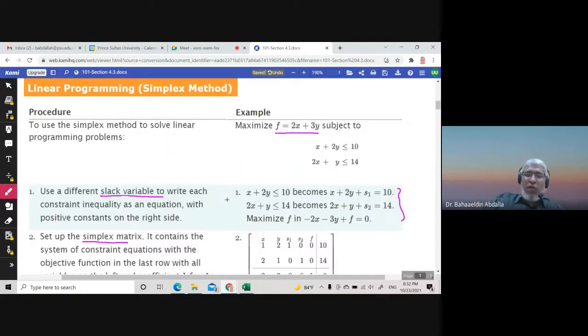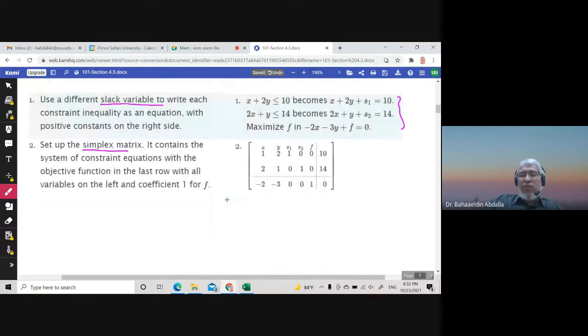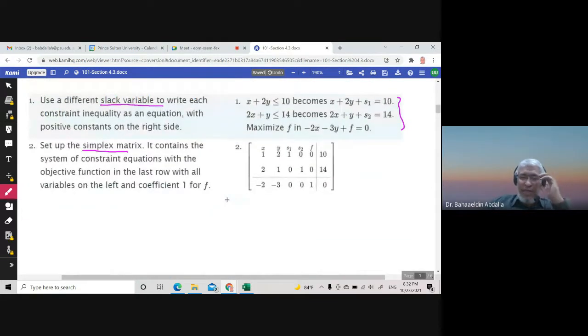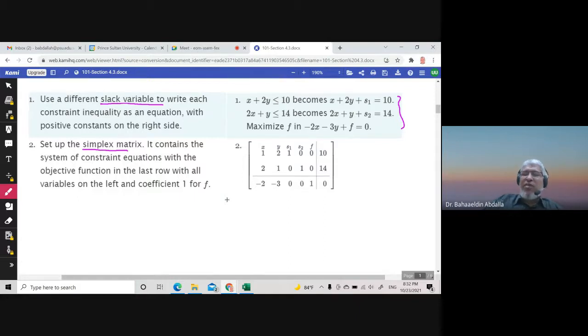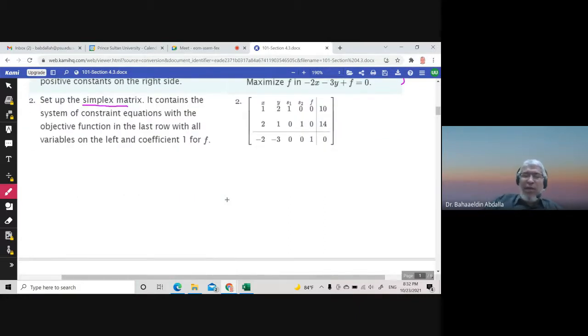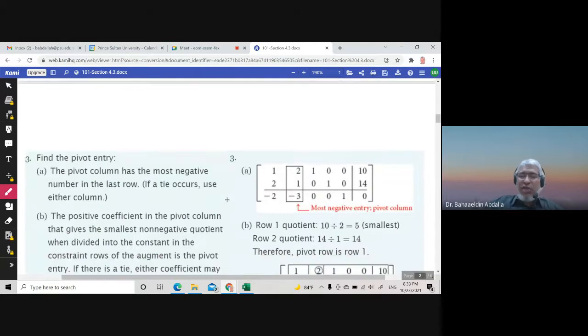First, we find the pivot entry or the pivot element in this matrix. To determine the pivot element, we first determine the pivot column. To determine the pivot column, we look to the objective row, the last row, and we search for the most negative entry, which is -3 in this case.